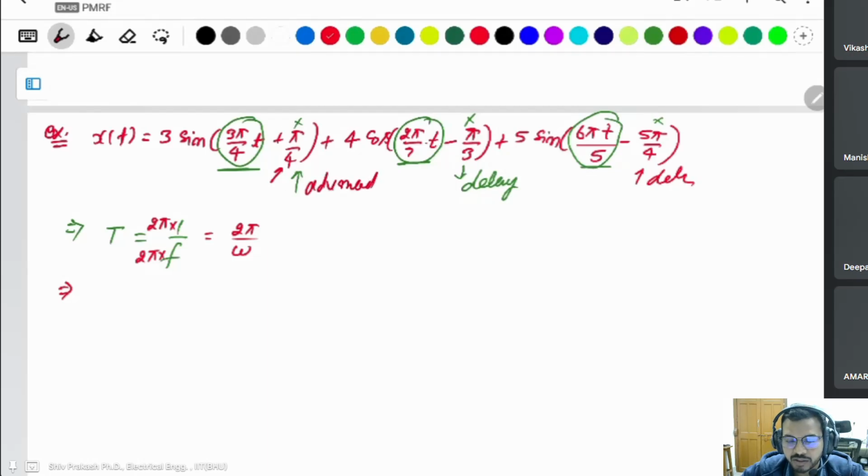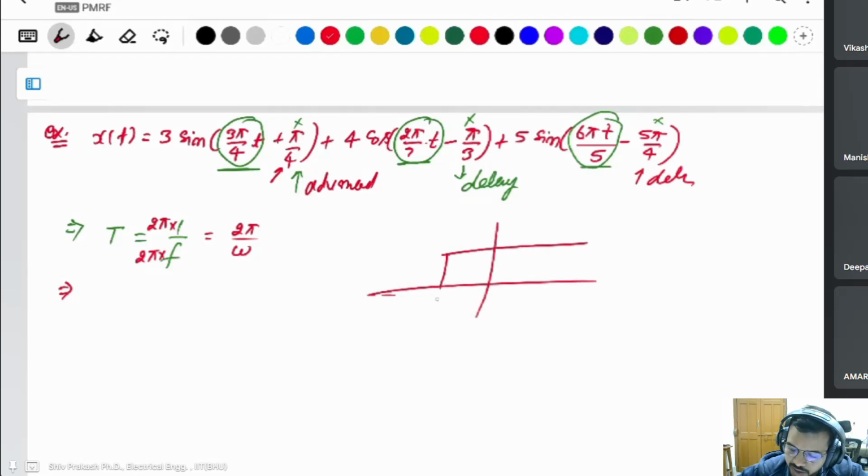Positive is the advance. If it starts from behind the zero, this is the advance signal. If it starts from zero here, this is the delay signal. That is a lag. Okay, fine. All are written as delay, so that's why I'm asking. Okay, thank you.